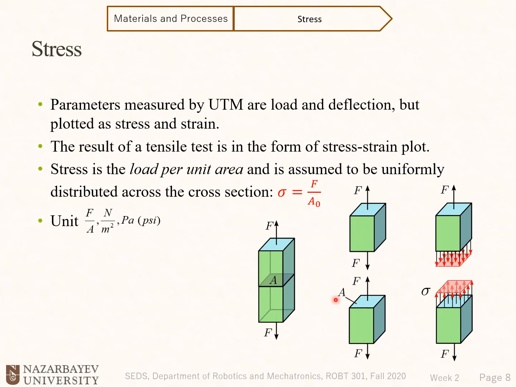If we virtually divide this specimen in two and want to find the free body diagram of each portion, then we will see we have internal forces here, and that internal force should counterbalance the external force F. Here you can see we have two forces in opposite directions. These two forces are action and reaction based on Newton's third law.